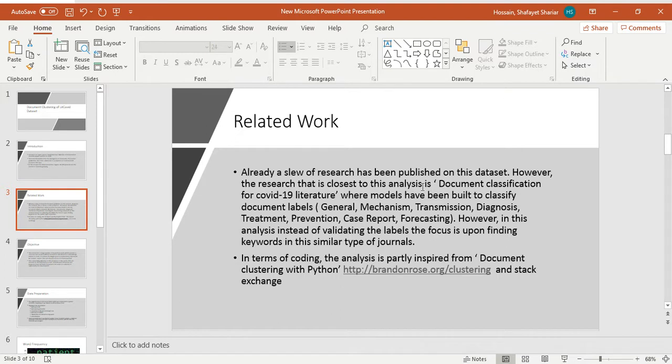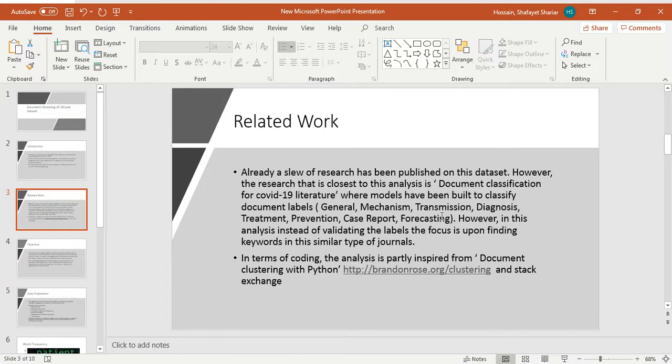The closest related work is the document classification of COVID-19 literature. The documents have labels related to aspects of the COVID-19 disease. General, mechanism, transmission, diagnosis, treatment, prevention, case report, and forecasting are those labels.